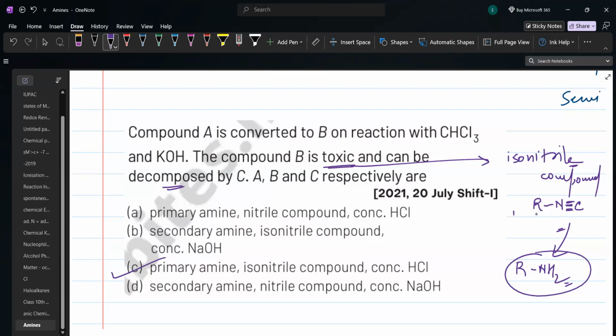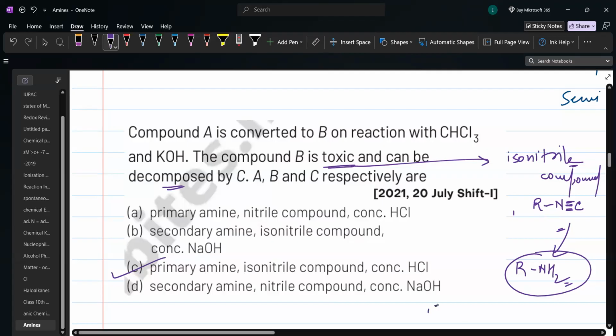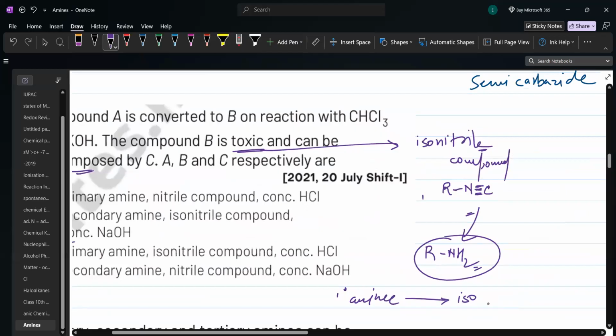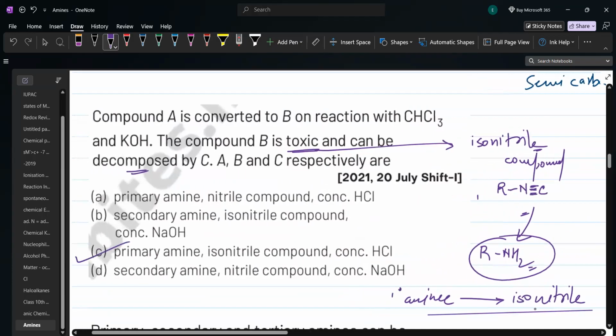Is this chapter done in your class? Yes, sir, it's done. So you may have known that 1 degree amine gives isonitrile, right?